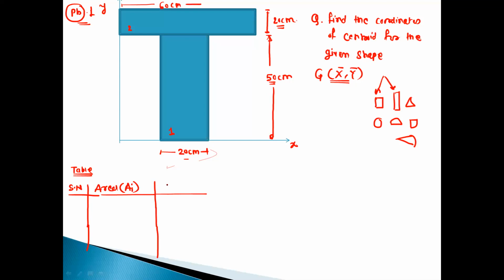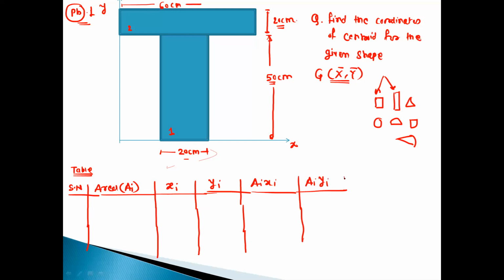Then next is the X coordinate for that area, so it is Xi. Next is the Y coordinate, that is Yi. Then it is the product Ai into Xi. Then Ai into Yi.